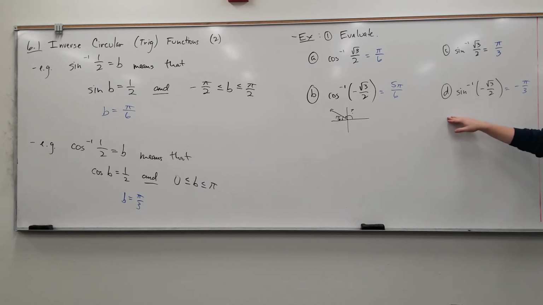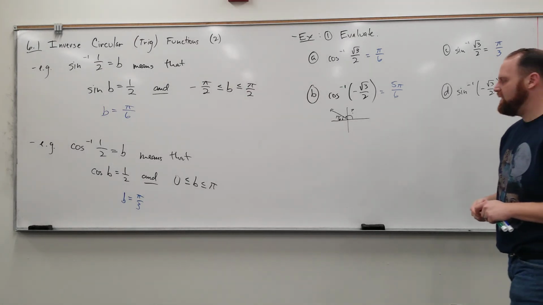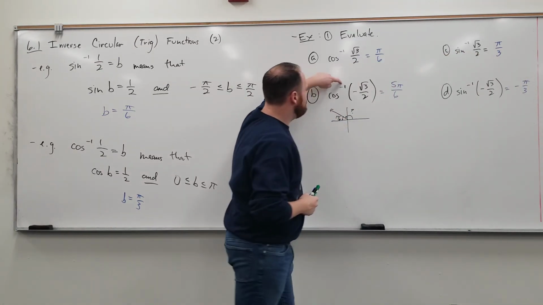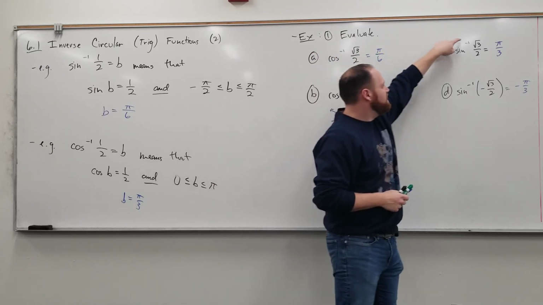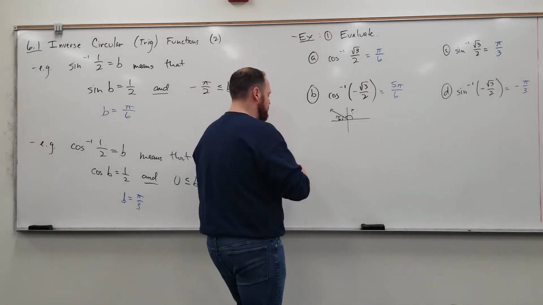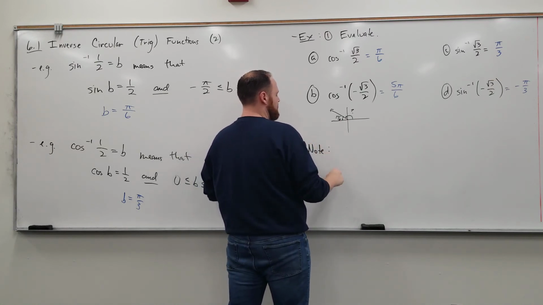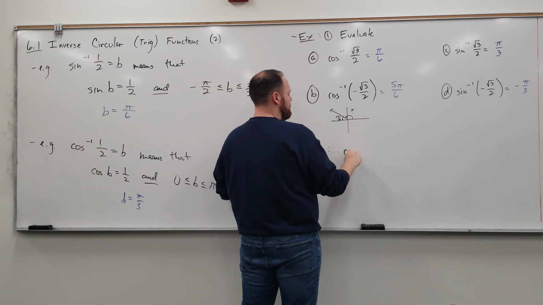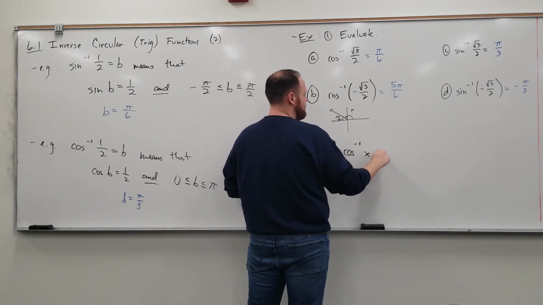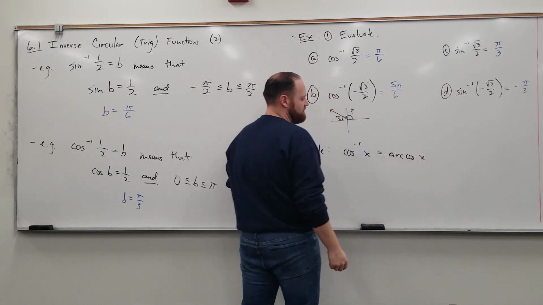We'll do some more of this in the next video, but before I go on, I do want to point something out, notation-wise. Instead of using this inverse sign, sometimes we use arc, A-R-C. So cosine inverse of x is the same thing as arc cosine of x.